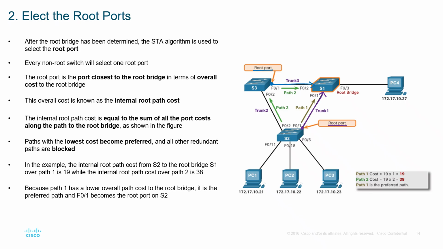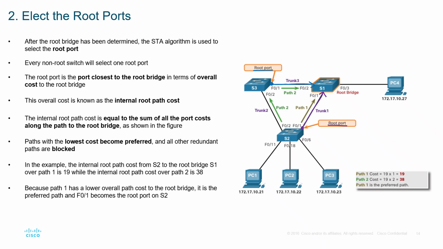So this overall cost is known as the internal root path cost. The internal root path cost is equal to the sum of all the port costs along the path to the root bridge as shown in the figure.